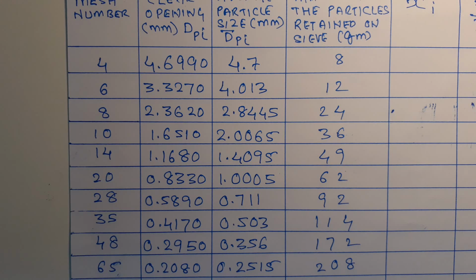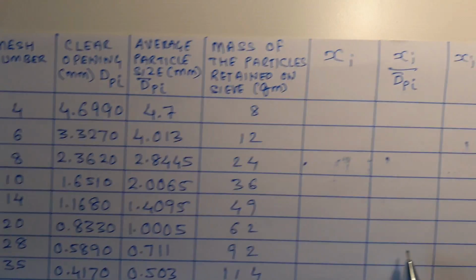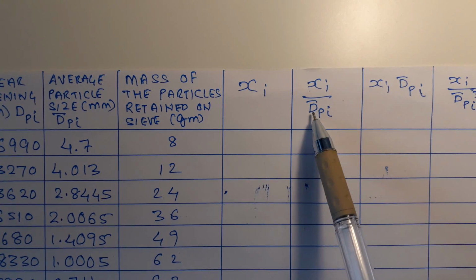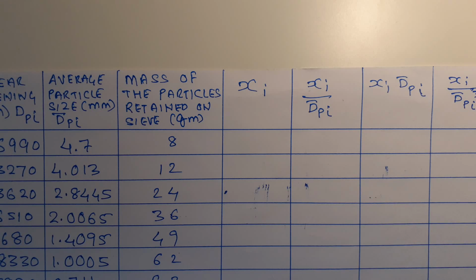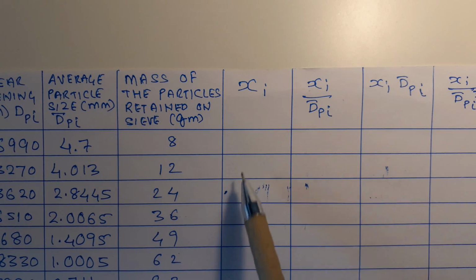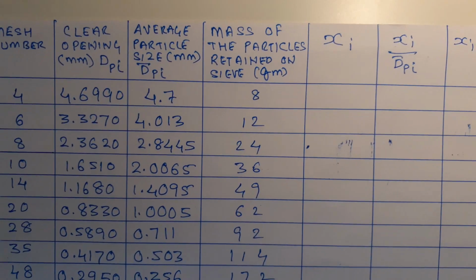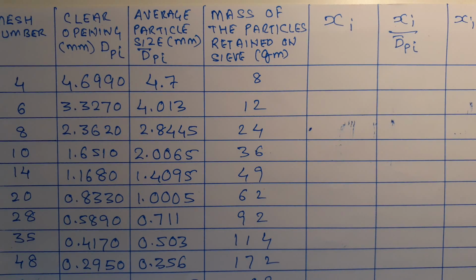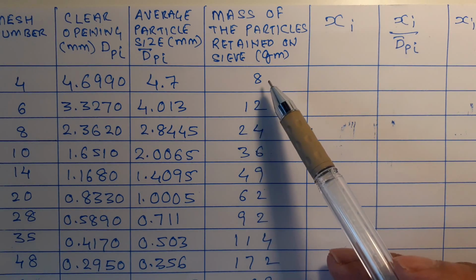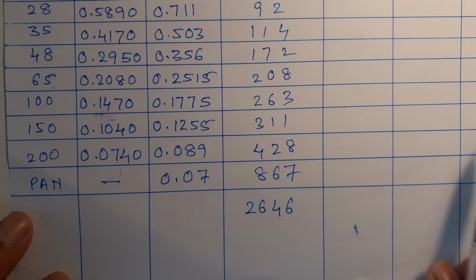Then from here onwards, how to find the mass fraction? Then we have the xi by d bar pi, and then xi. These values we will construct now slowly. So first let us construct the values of xi. How to construct the values of xi? That is 8 divided by the total mass, that is 2646.